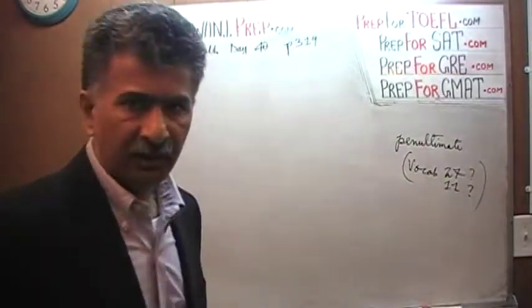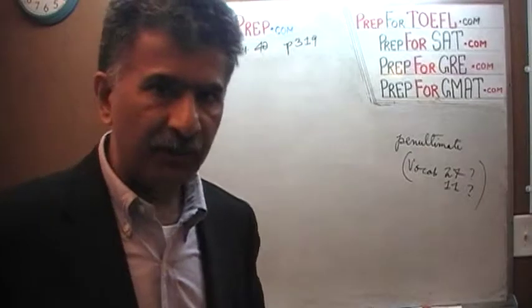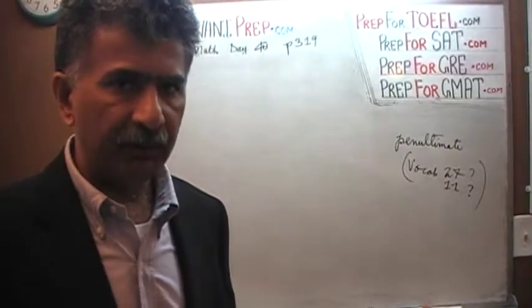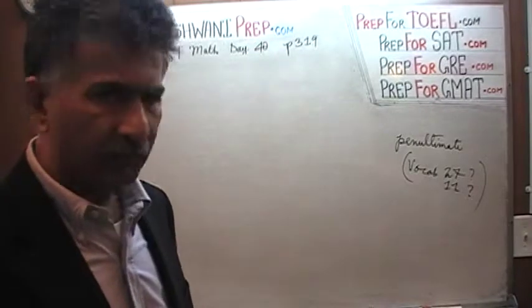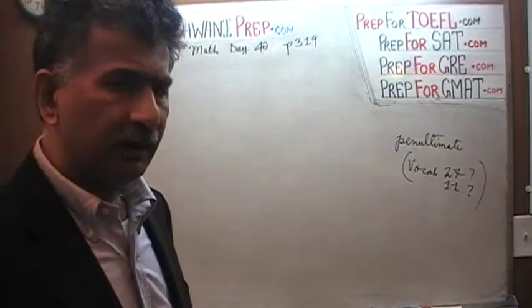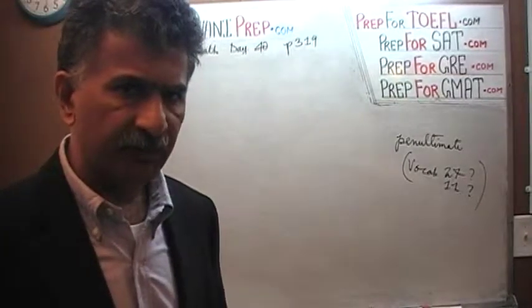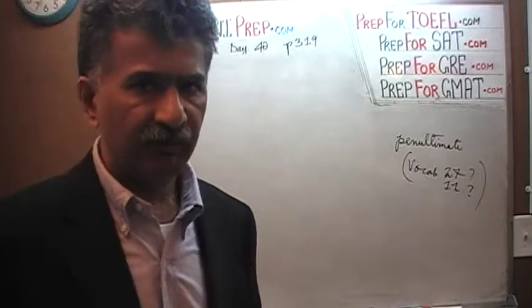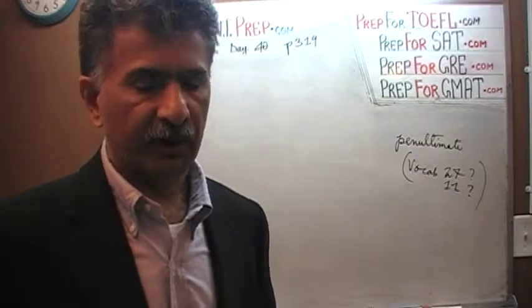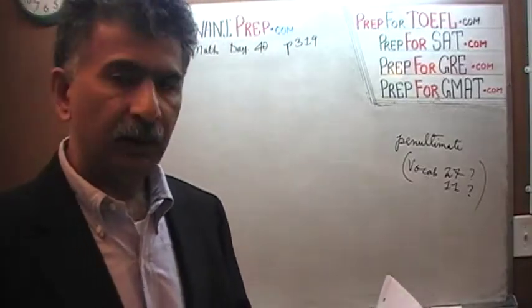In our vocabulary lesson, just type in ACT vocabulary words, day 27 or day 11. One of those 2 days, as far as I can remember, we learned the word penultimate in our vocabulary lesson, which simply means second to the last. It's just a very fancy way of saying second to the last. Let's do the penultimate problem, number 59.